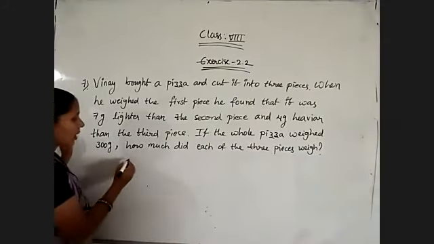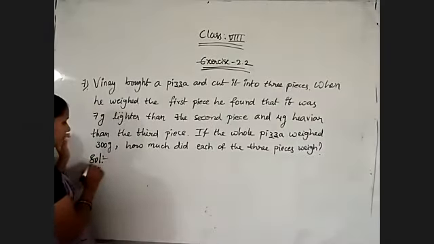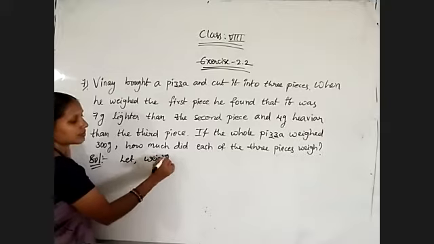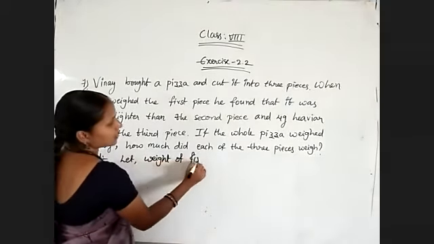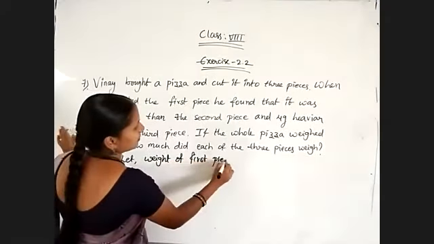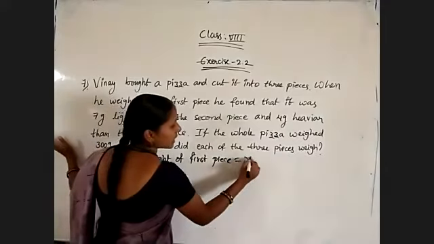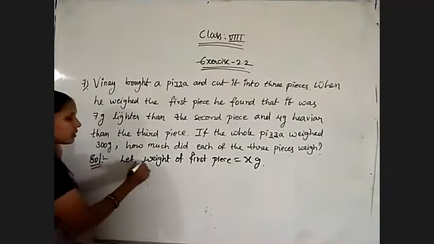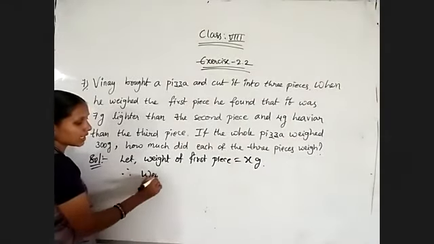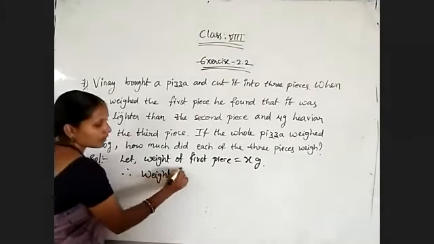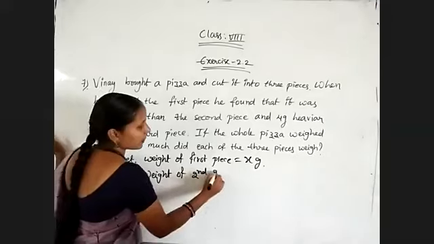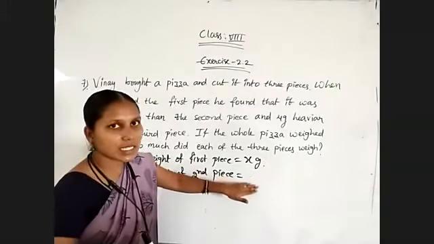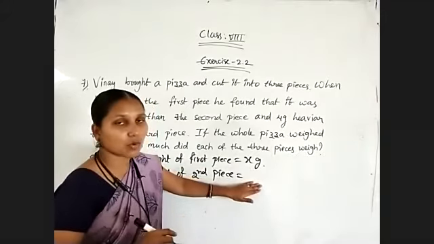So now I am taking, let the weight of the first piece be x grams. Here all are given in grams only. Therefore, the weight of the second piece will be x plus 7. The first piece is 7 grams lesser than the second piece, that means the second piece is 7 grams more than the first piece.